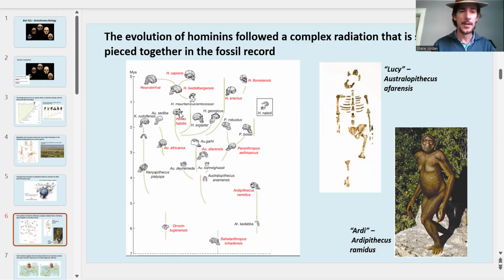Whatever the case is, when we look a little bit more recently at the fossil record, say approximately 1 million to 500,000 years ago, we see evidence of Homo heidelbergensis, yet another species of Homo arising in the fossil record, which seems to have existed around the same time as Homo erectus, and also this other species over here, Homo floresiensis, which is kind of scant in the fossil record.